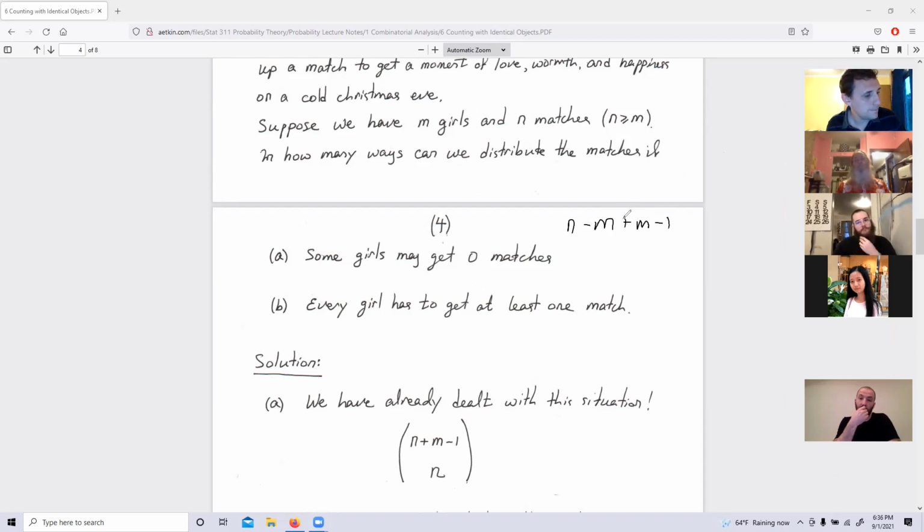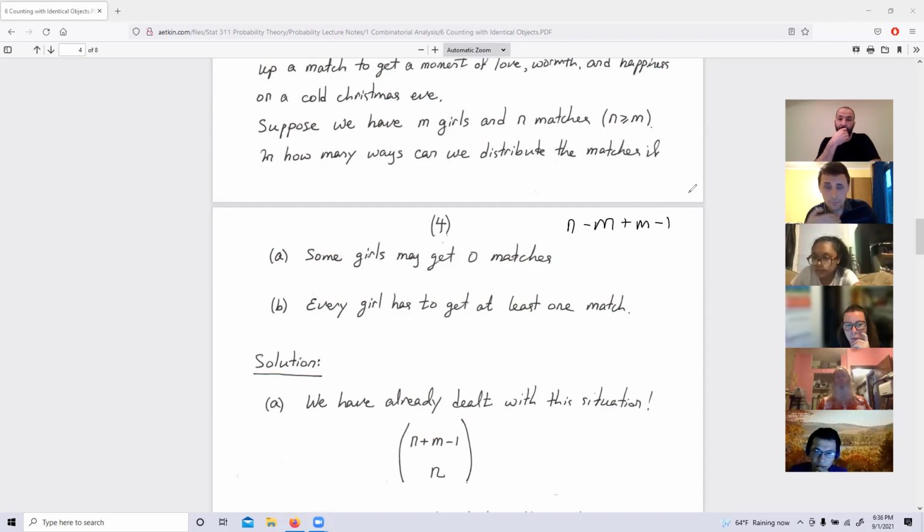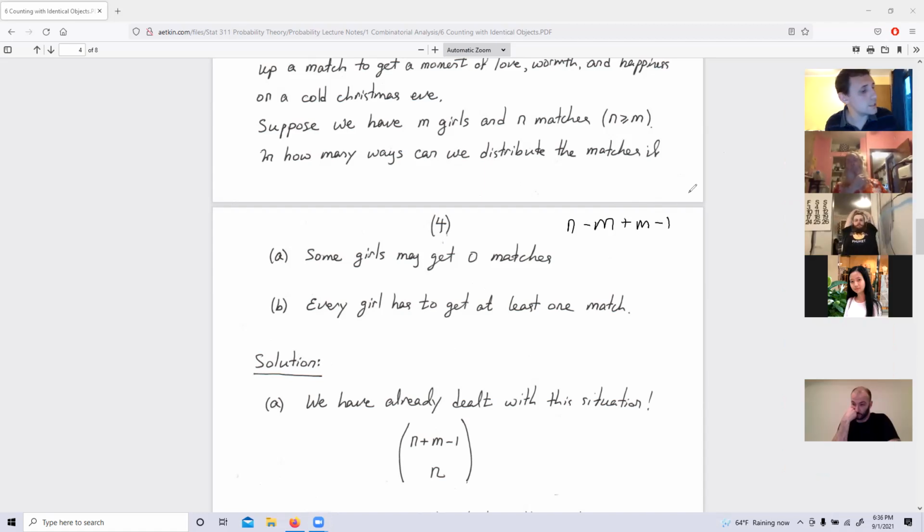Do you see why plus M minus 1? For the extra bars, we need more spaces. Choose, let's say, N minus M for the spaces to be occupied by matches. So altogether, the answer is N minus 1 choose N minus M. Let's see what somebody wrote.